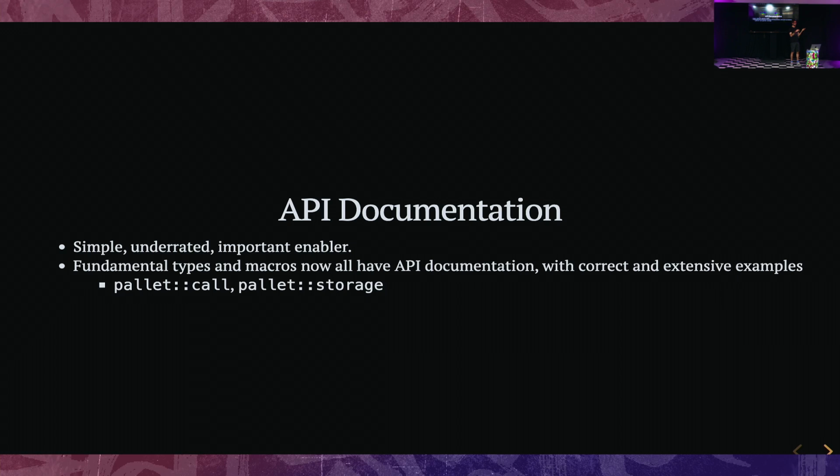Very few people want to dig into the depth of this SDK and work with the very low level stuff. Contrary, most people interact with some of the types that are all over the place, or the FRAME macros. These things would be very useful if they are very well documented. They have lots of examples, so people can work with them in an easier way. And this is something that we have improved over the last year or two. And now that we have things released on crates.io, with every release there's also documentation on docs.rs that gets updated automatically.